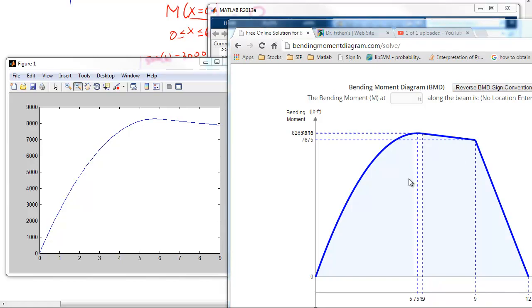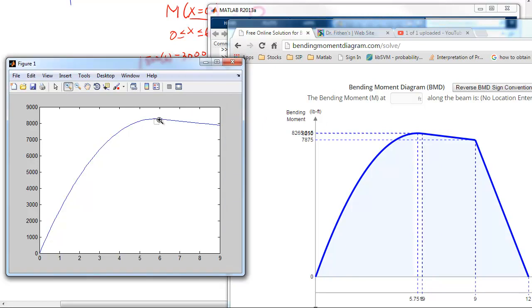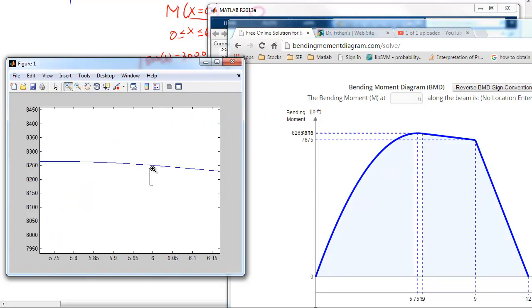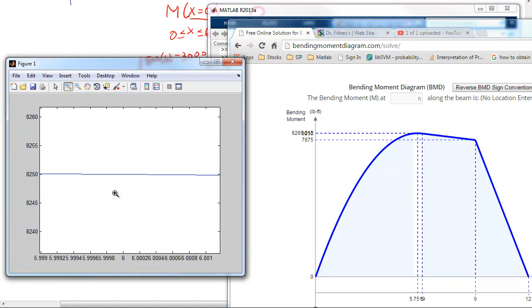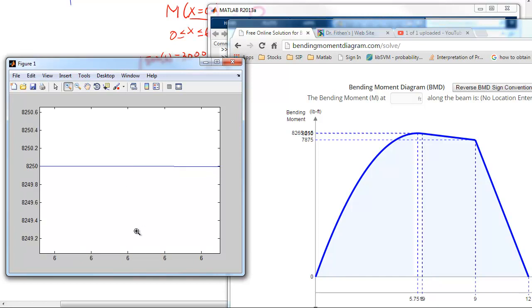But let's see what our values are. Okay, so what I'm going to do is, of course, I'll start at the start of the linear, which is 6 and 8250. Let's take a look and see if I can pin this 6. I'm basically looking at the 6. I really don't see any bumping here.